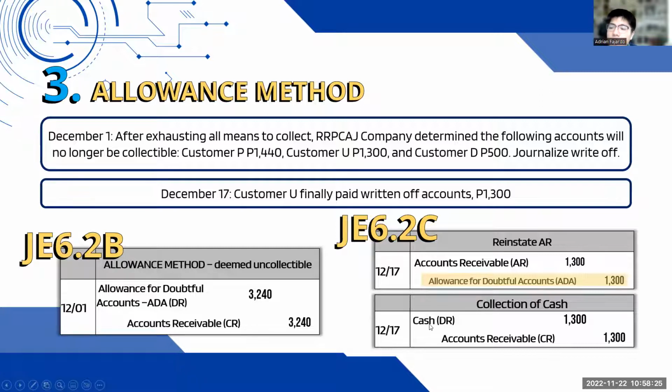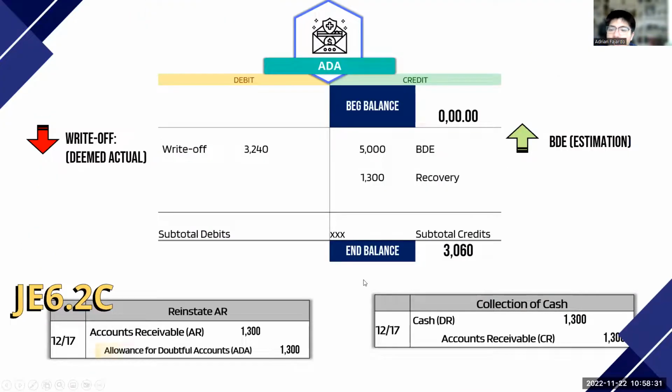And then we collect the cash: debit cash, credit AR of 1,300. So now, in the T account, what affects the ADA is the reinstatement of the AR during recovery. So recovery increases your ADA. So now, our ADA is 3,060.